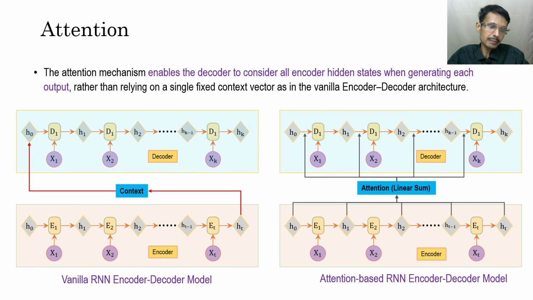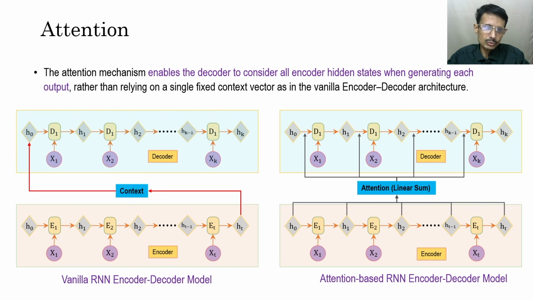So to mitigate the problems of the context-based sequence to sequence model, we are going to introduce another very interesting concept called attention. The attention mechanism enables the decoder to consider all encoder hidden states when generating each output, rather than relying on a single fixed context vector, as we did in the normal encoder decoder architecture.